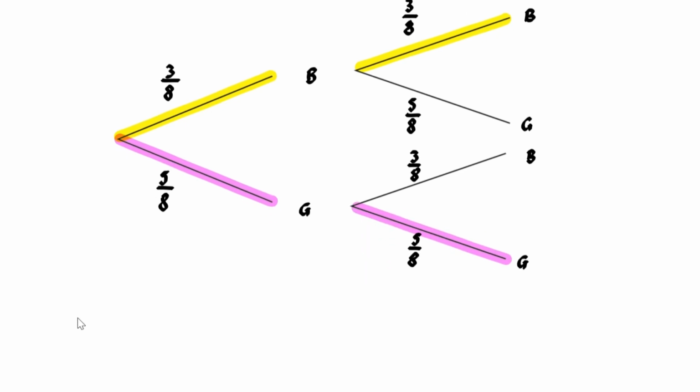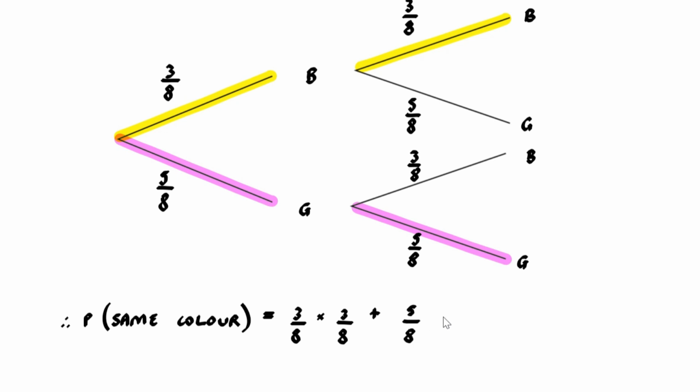So the probability that they're the same colour, we've got 3/8 times by 3/8 plus 5/8 times by 5/8.